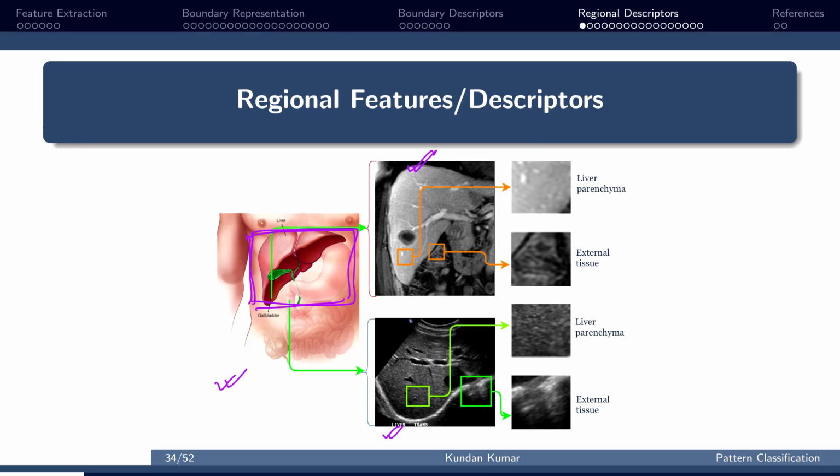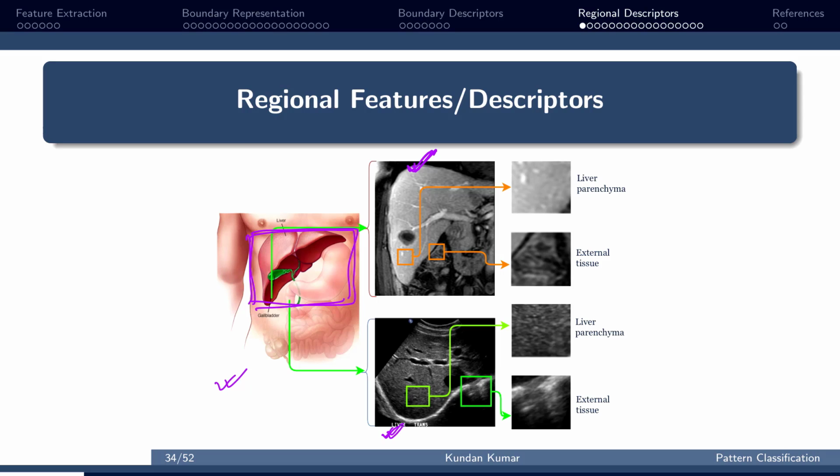These two images capture the liver, and one image is captured using a CT scan, and the other is basically an ultrasound of the liver. If our objective is to segment this liver from the other body parts, then definitely we have to focus on the region of this liver.